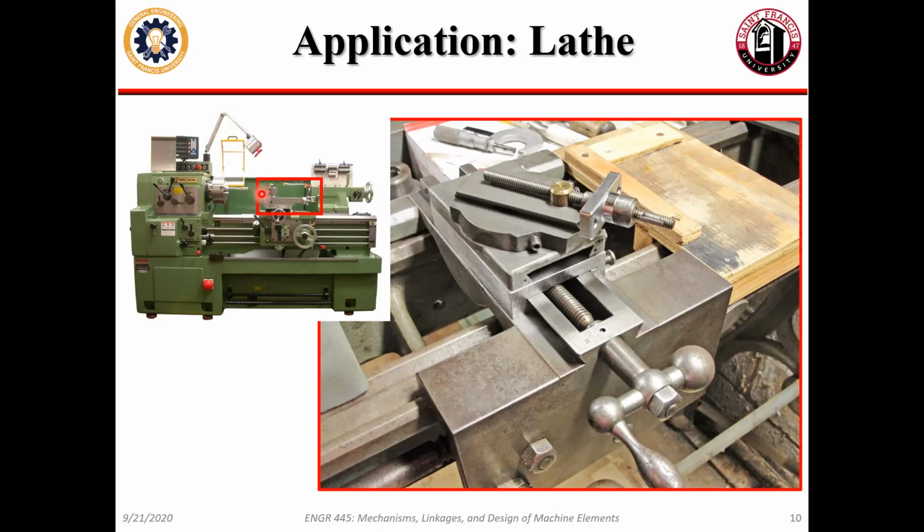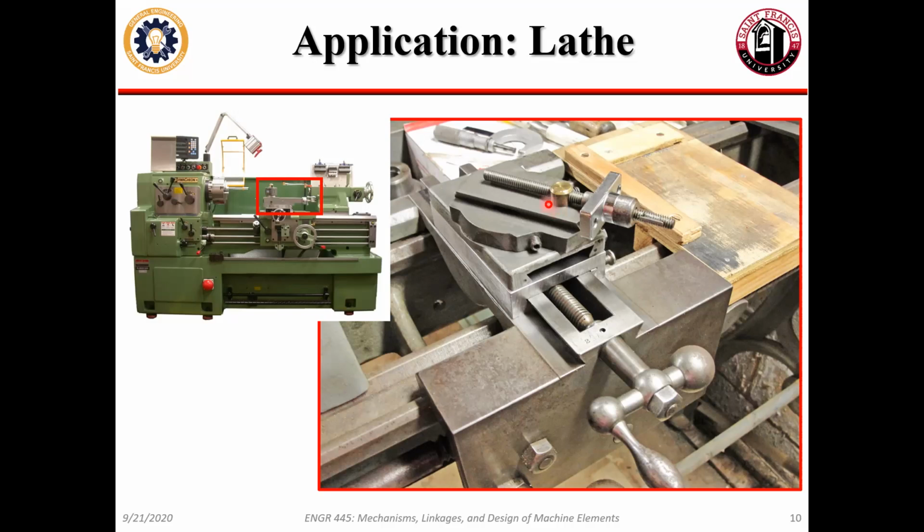If I take that apart a little bit, it looks like this. So each handle is connected to a screw, a lead screw or an Acme screw. We'll talk about the difference later. But that screw goes through a nut like this, which is rigidly, or as rigidly as possible, attached to the thing that you want to move.